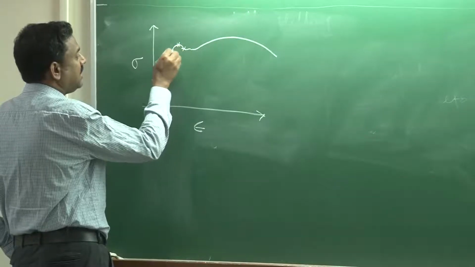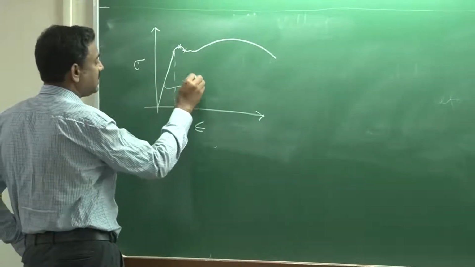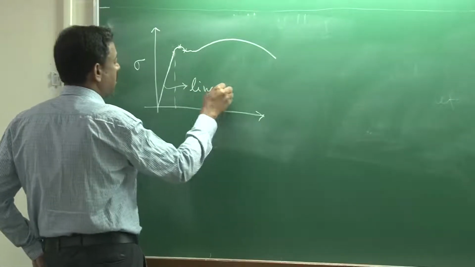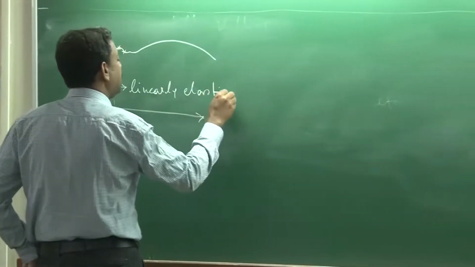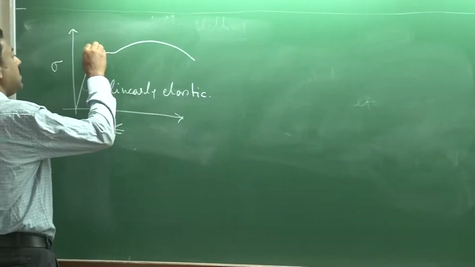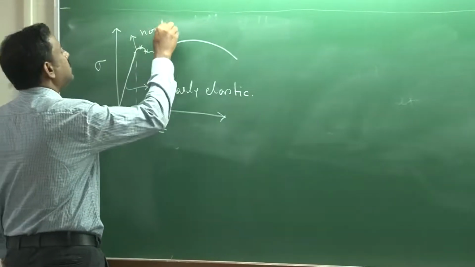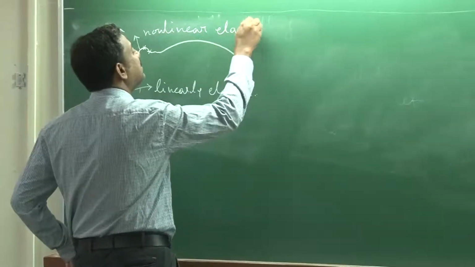So until this it is linearly elastic, but beyond the proportional limit and the upper yield point, it is non-linear elastic. This is important.